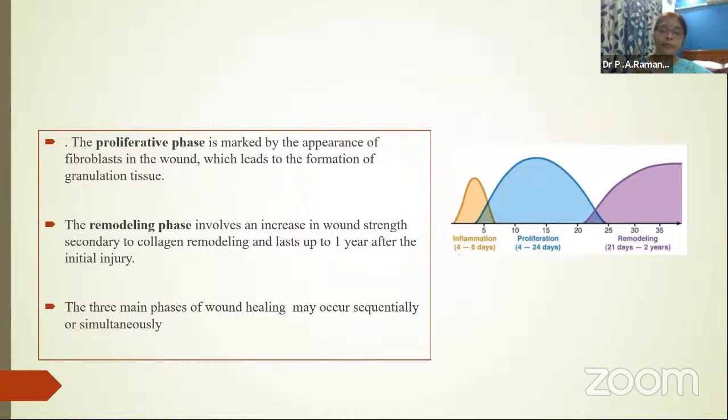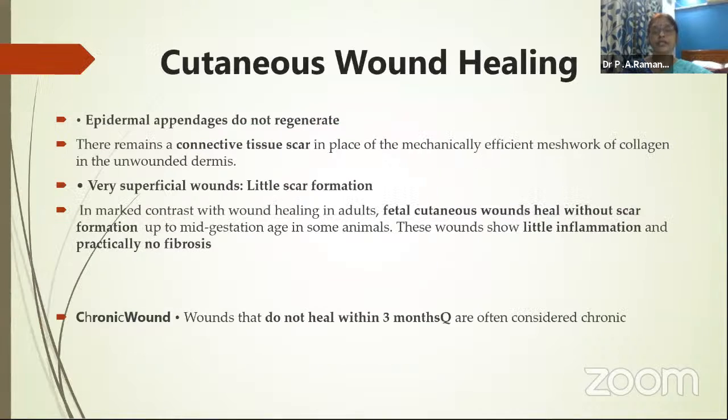This remodeling keeps on occurring until the ratio of collagen 1 to collagen 3 is 4:1. That is, collagen 3 is replaced by type 1, so this should be in the ratio of 4:1.